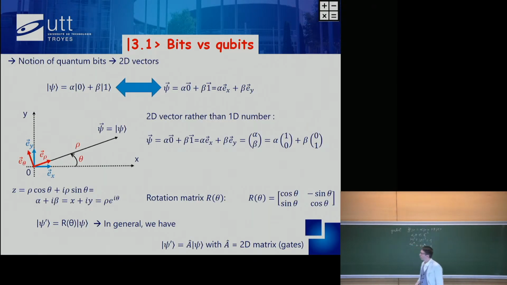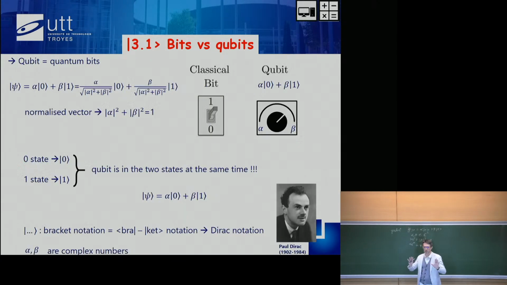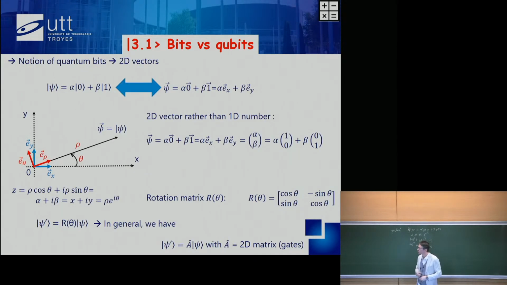So how do we actually picture that? Because superposition of states sounds like some weird physical effect. Well, it's okay. You can decide to do some math and say that this qubit, the way I introduce it, could be a vector.